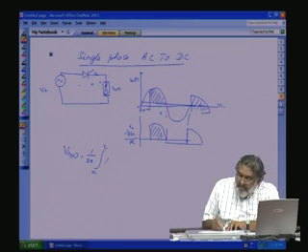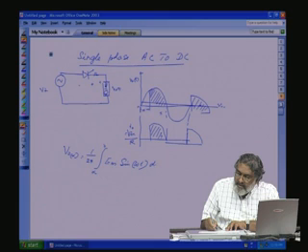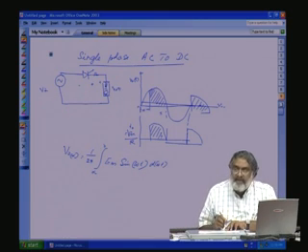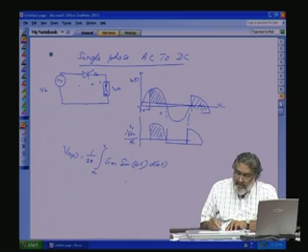So, this will be equal to Em sin omega t d omega t. Sin omega t when you integrate, what will happen? You will get minus cos omega t, integrating limit is alpha to pi.